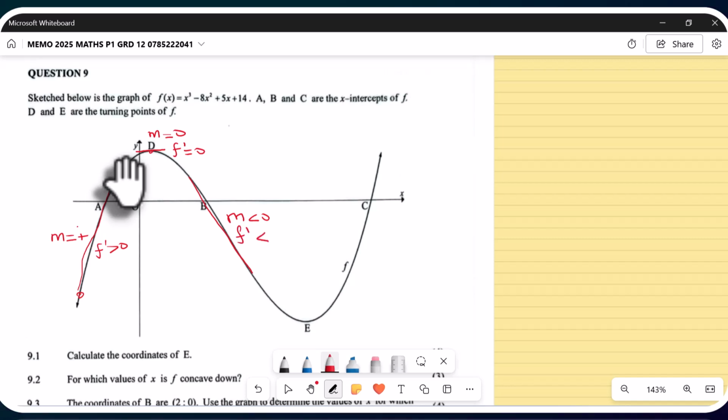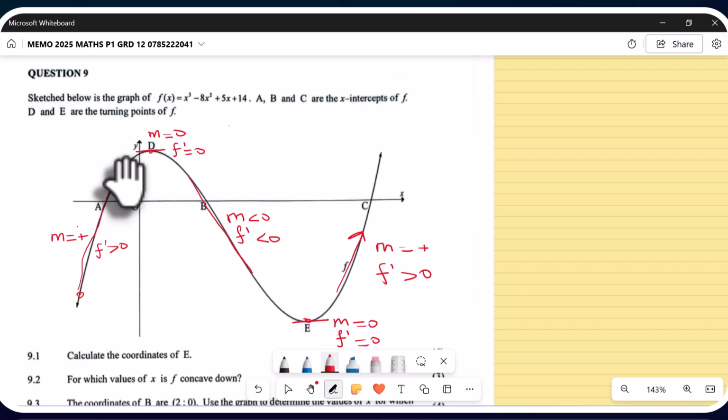And then at this point E, a turning point, our gradient equals 0, so our derivative, the gradient function, also equals 0. And when you continue up here, our gradient is positive again, then our derivative function is bigger than 0. So for this matter, I am going to differentiate and then equate to 0.